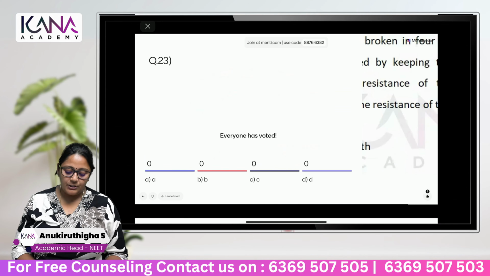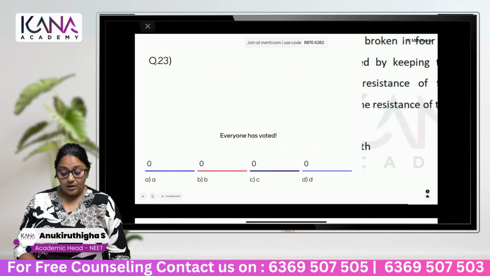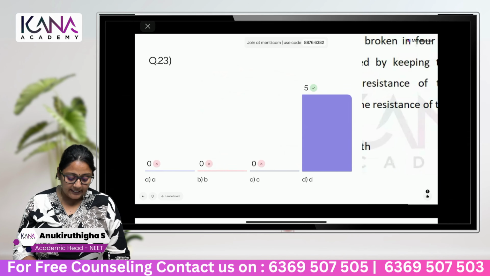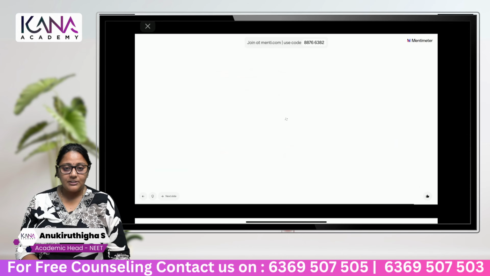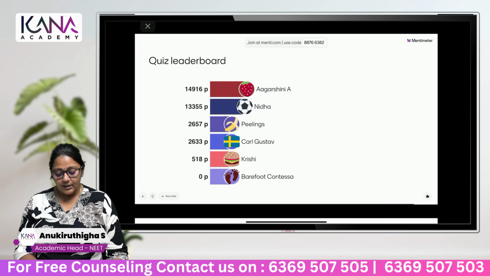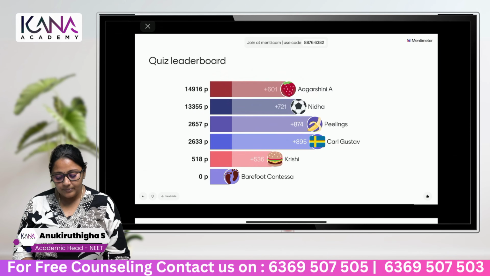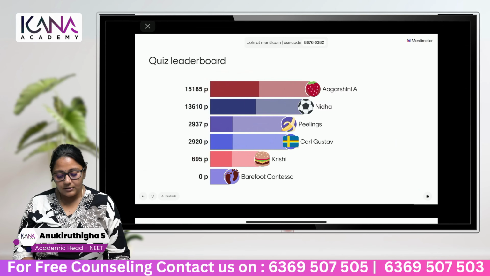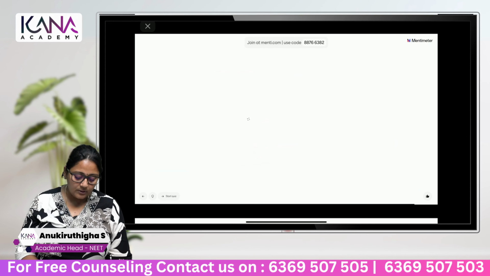Very good. Let's see who have given the right answer and what is the right answer now. So option D is the right answer. So 1/16 is the right answer. And we'll see who is the fastest one. Everyone has given the right answer. Let's see who is the fastest one. Carl Gustav is the fastest one. Very good, Carl.